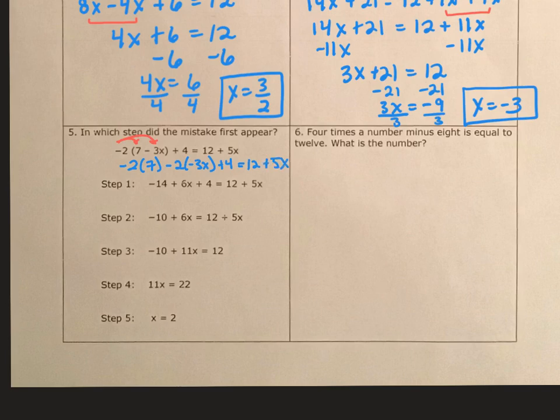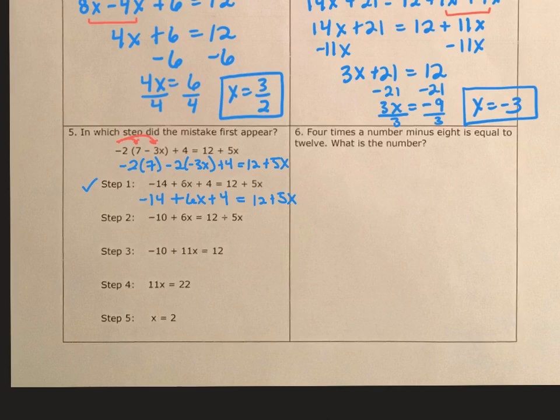Okay, so that becomes -14. I'm going to write it down here. -14 plus 6x plus 4 equals 12 plus 5x. Okay, so that first step is good.